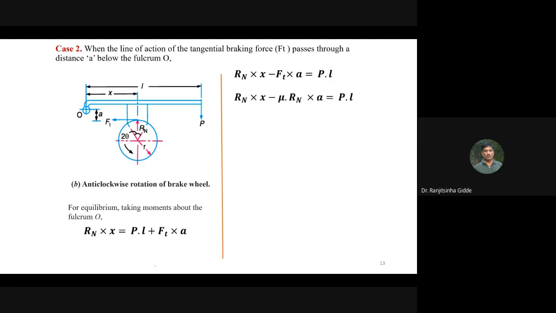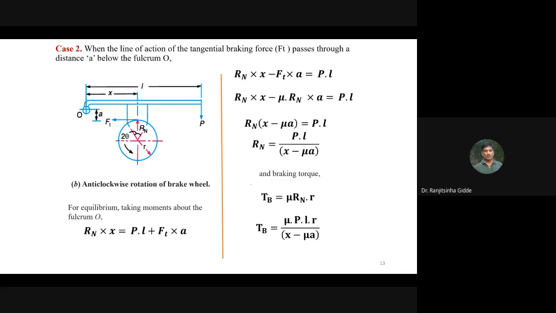Now, braking torque. Braking torque is equal to Ft into R. So what is Ft? Mu Rn into R. And what is this Rn?